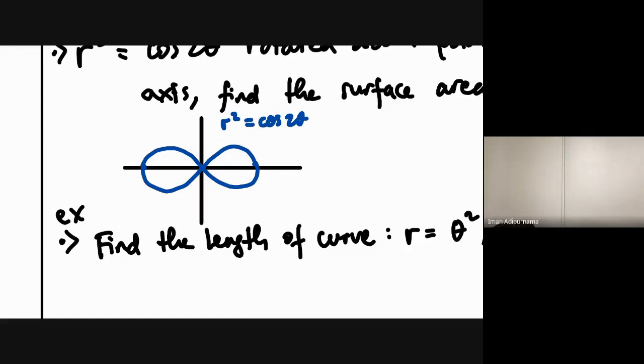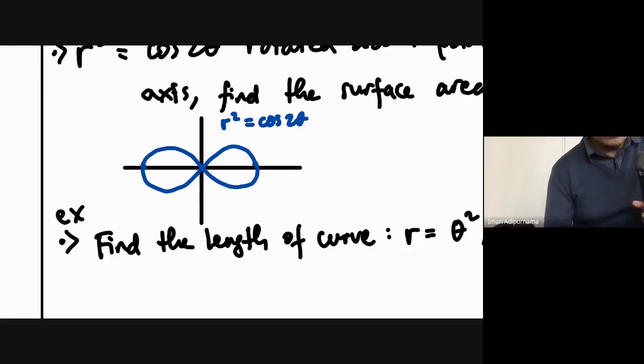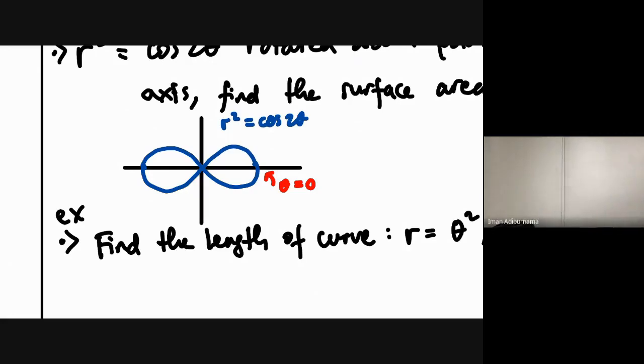Now from here, this is 0, right? This is theta is 0. And what is this theta? Yeah, pi over 4.